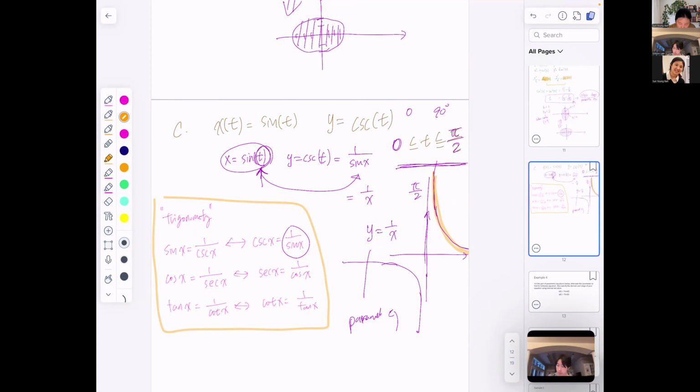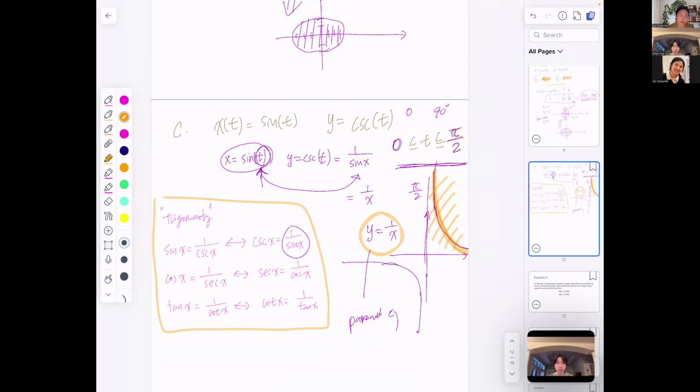So let's change it so t is between 0 and pi over 2, so that we are only talking about the first quadrant. Am I correct? First quadrant. So when you find the parametric equation, which is y equals 1 over x, you have to specifically mention it only covers the first quadrant, because the t covers whatever degree they're indicating, 0 to 90 degrees, which is the first quadrant. So that should be the final answer specifically.